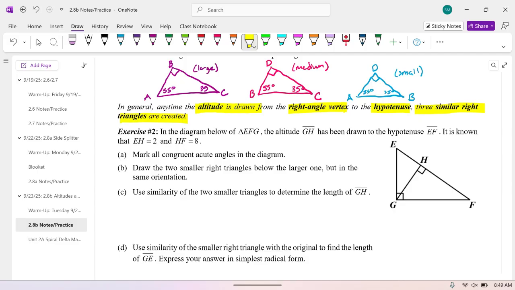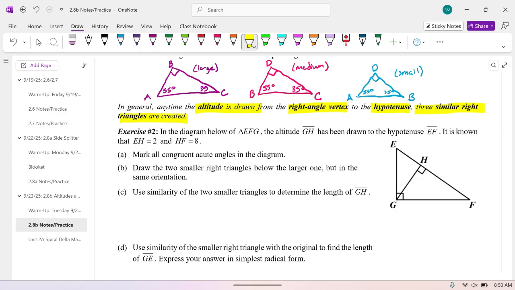So let's say this is new 1 and new 2. All right. And the altitude would be where the 90-degree angles are. So this side would have been the altitude, and this side would have been the altitude. All right, does that make sense?